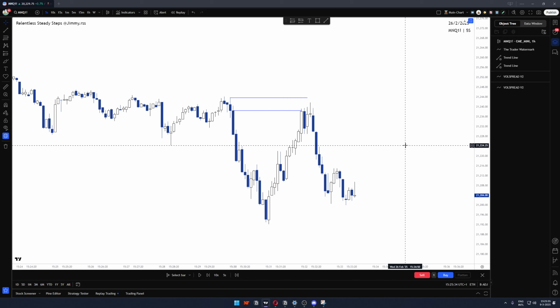So it's important to take every setup within your plan or that looks like your plan, so you're able to really collect every sample that you would view on chart as well.